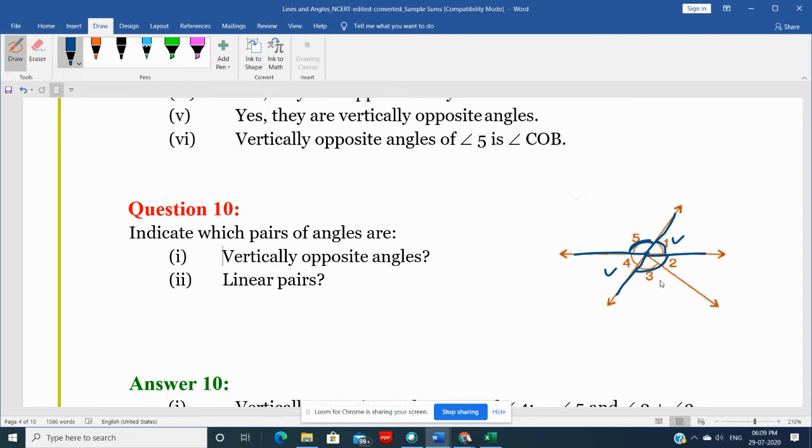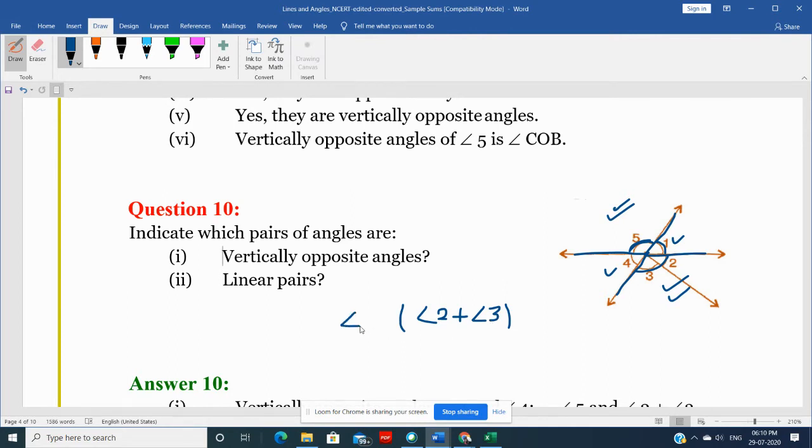So angle 1 with angle 4, and angle 5 is 2 plus 3. You can just mention it in brackets like this: angle 2 plus angle 3.